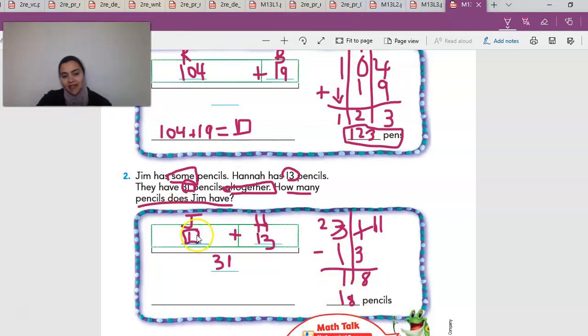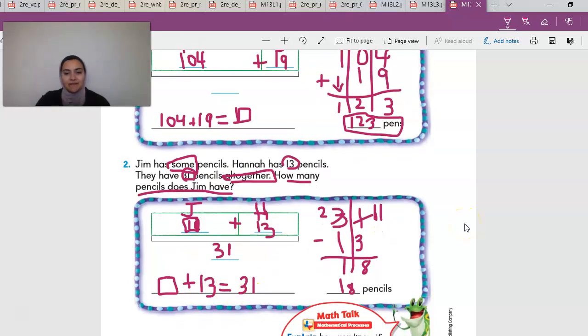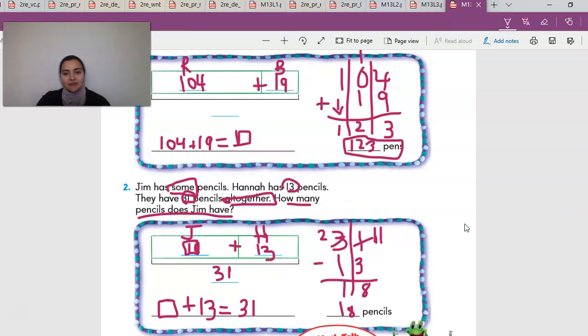Jim had 18 pencils. Here you're going to draw your number sentence, which was Jim, which was empty box, plus 13, which is how many pencils Hannah had, equals 31, which is how many pencils they had altogether. So make sure you have this written down. If you need time to write this down, you can pause the video now.